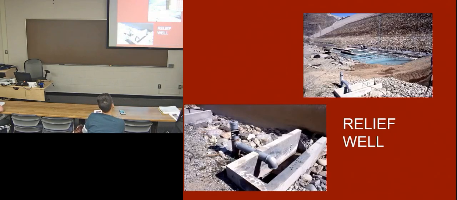And of course, we had relief wells. This is a construction of the toe drain. But here's a relief well in more detail. It's just simple. It's a pipe with a screen on the bottom, and it allows water to flow out to relieve the pressure in the flow net. And then all of this water is collected.